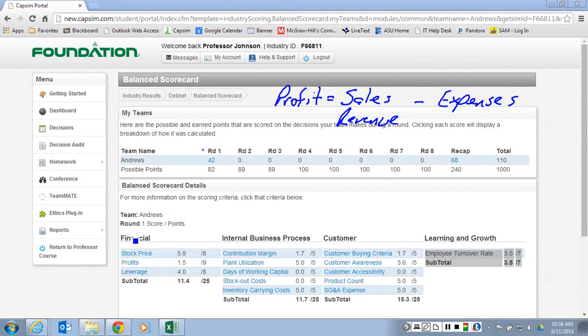So, if we're making a good profit, then that must mean that this is good and this is good. Okay? And if those two are good, that means that our contribution margin is good.